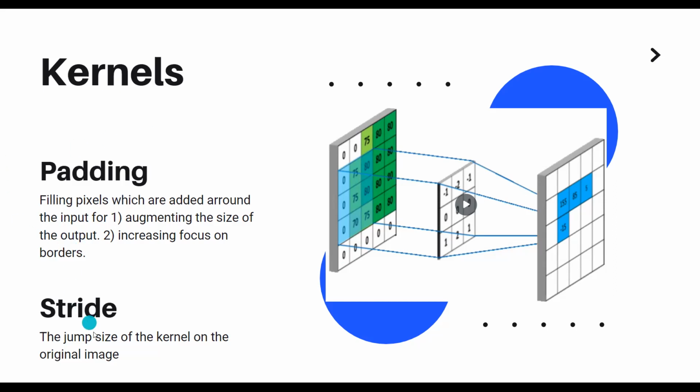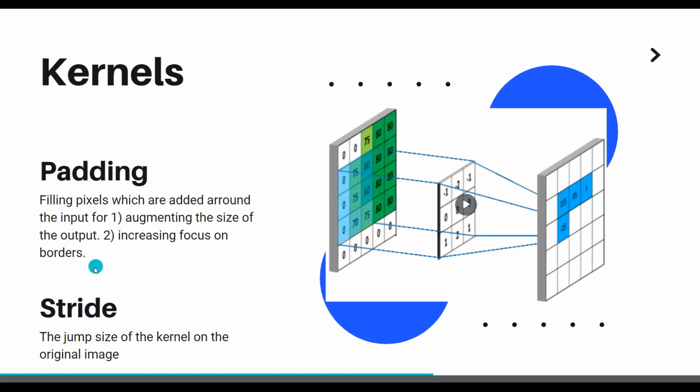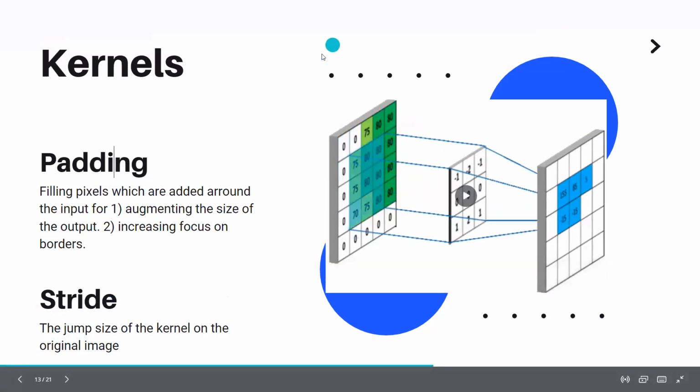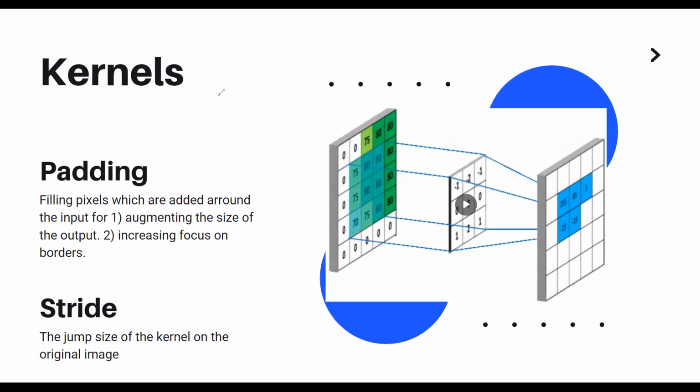Now, the second part is kind of the opposite. So this is called a stride. So stride basically is how much are we jumping, right? So let's say this is our image. This is our first spot.